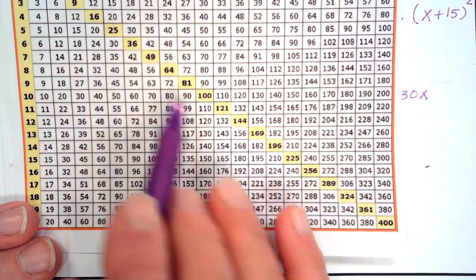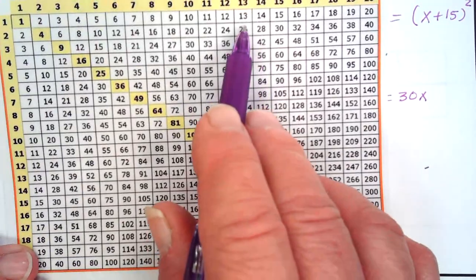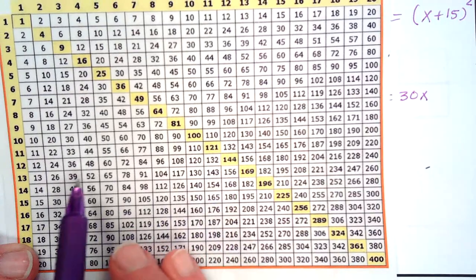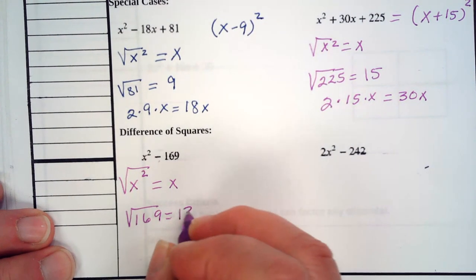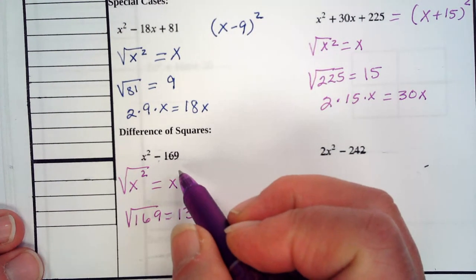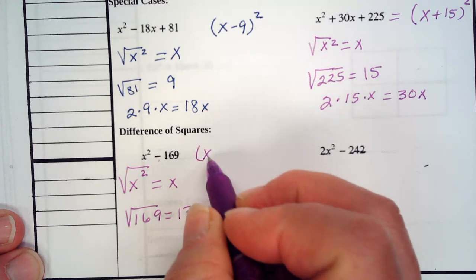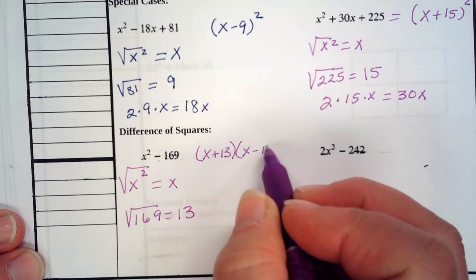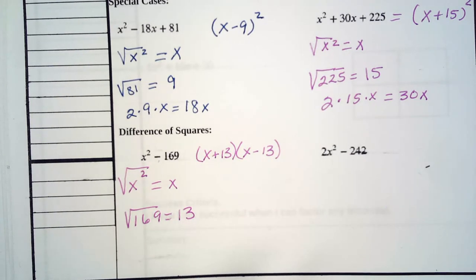When I come down here, here it is, I go all the way to the top, and it's 13 times 13, because I can always go this way too and get the 13. Difference of squares, the only way I can get that middle term to fall out is if I take x plus 13 and then x minus 13. Create those opposites, and it eliminates your middle term.